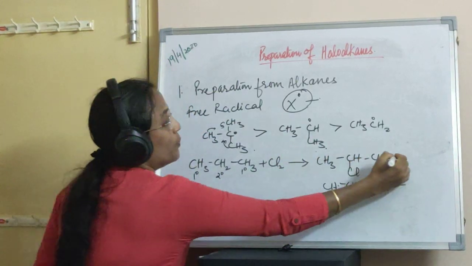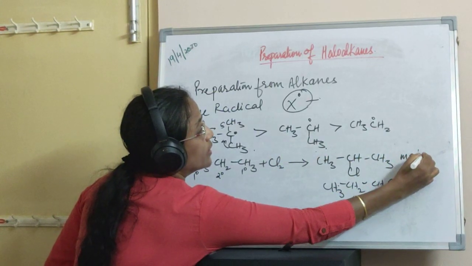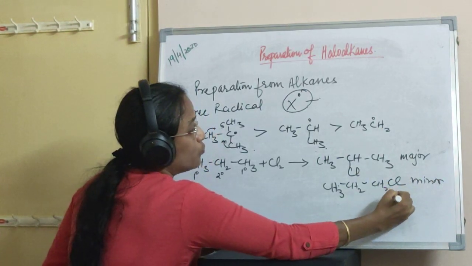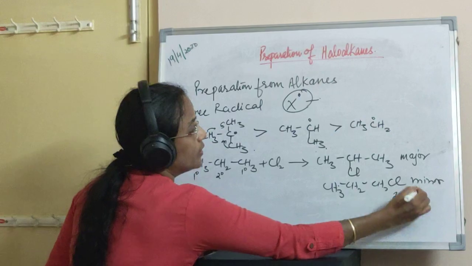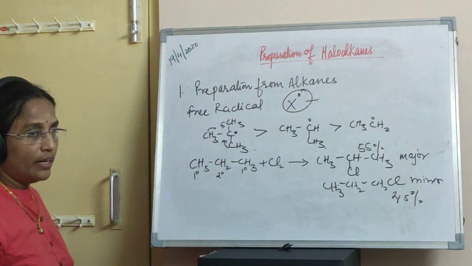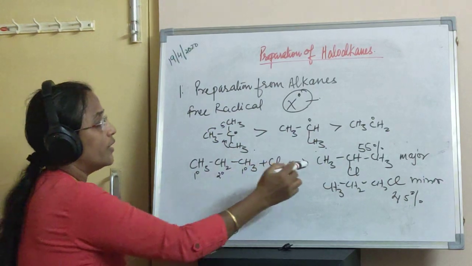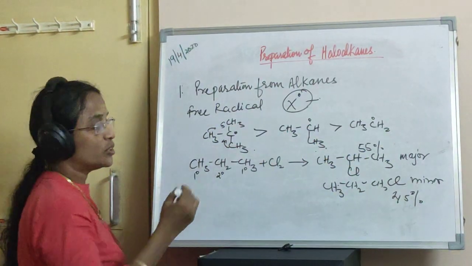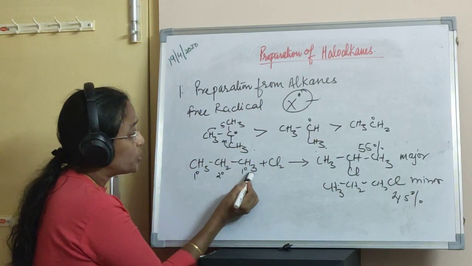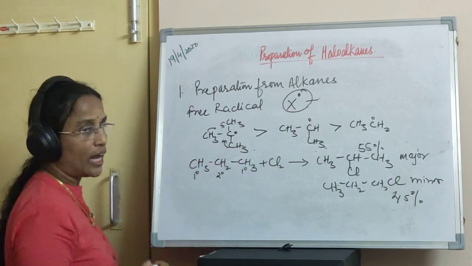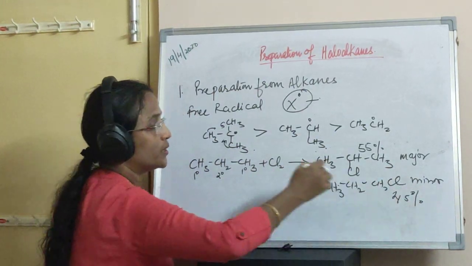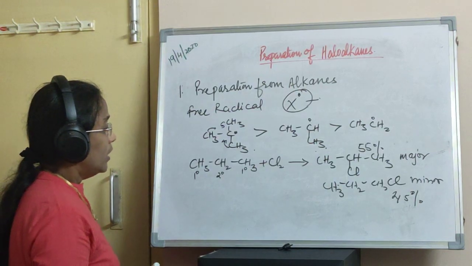Of course the major product is secondary, but you know children, around 45% we get primary and around 55% we get secondary. So the major product is secondary only, because the secondary free radical is more stable. For primary also there are more options here. There are 6 hydrogen atoms which are primary, and that could be the reason for the 45% yield of primary.